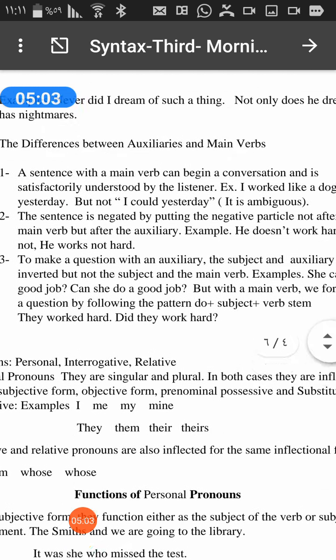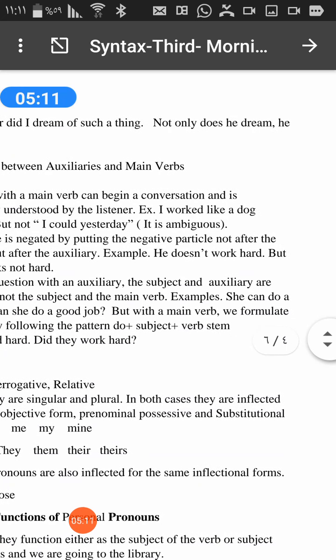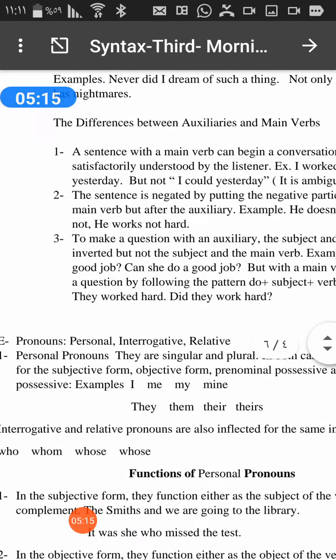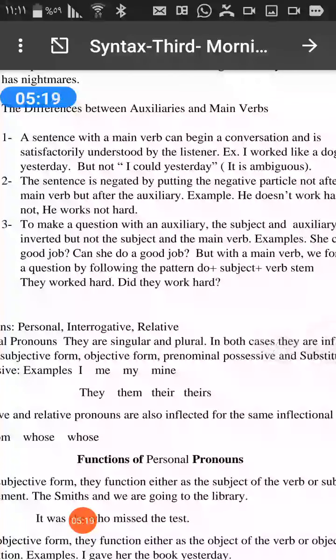So إذن there are in general بشكل عام ثلاث اختلافات between auxiliaries and main verbs. أولا a sentence with a main verb can begin a conversation but an auxiliary cannot be used with a main verb. Number two, the auxiliary can be negated.